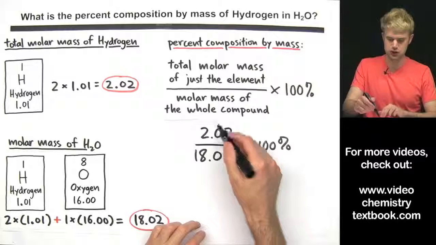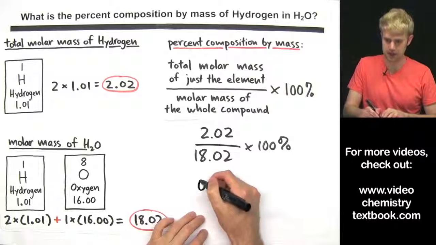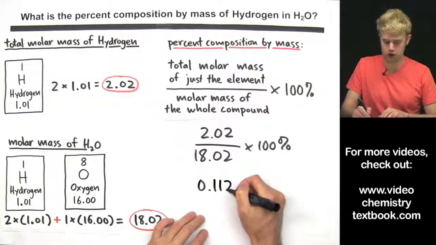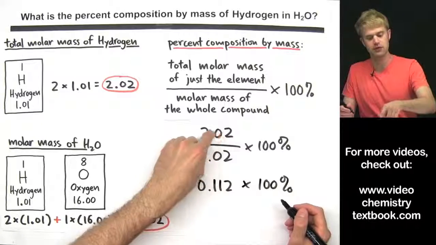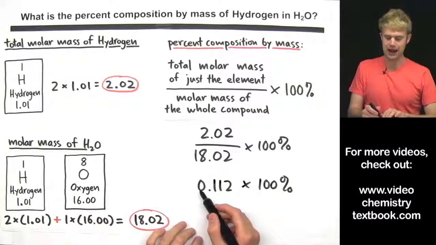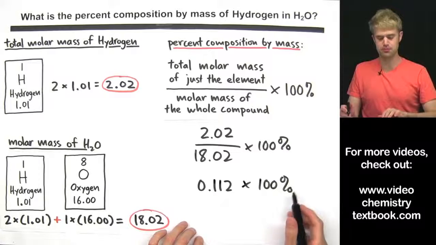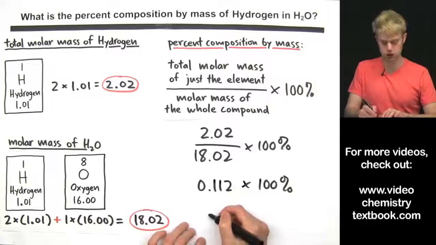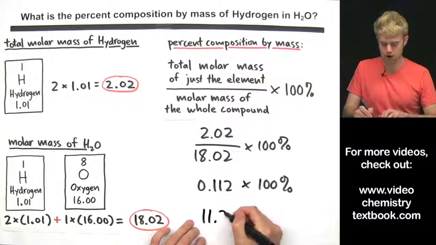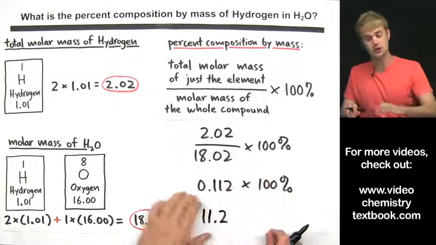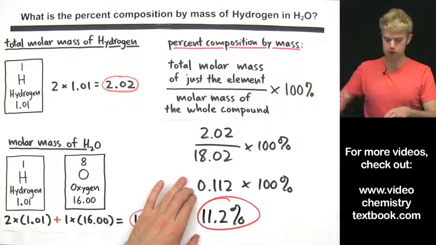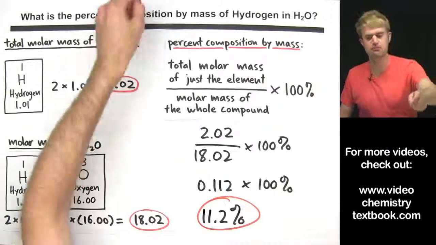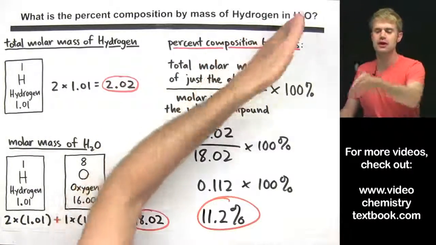The first step, just doing this division, is going to give me 0.112 times 100%. I'm rounding this to 3 significant figures because of this number up here. Now when I multiply it by 100%, it will move the decimal 2 spots to the right, so I'll get 11.2, and we'll also turn this into a percentage. So 11.2% is the percent composition by mass of hydrogen in H2O.